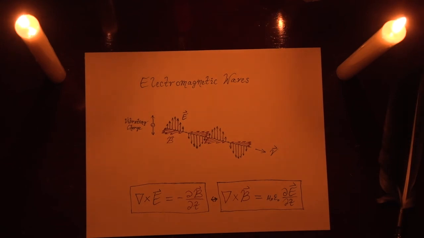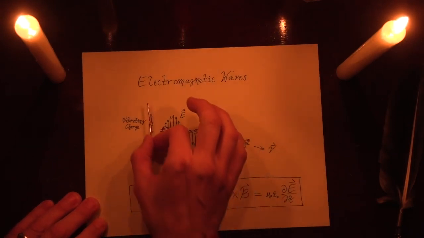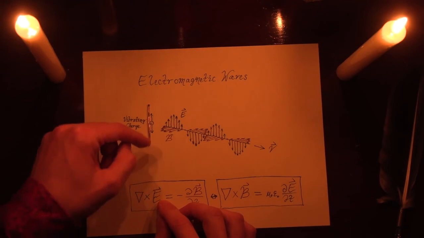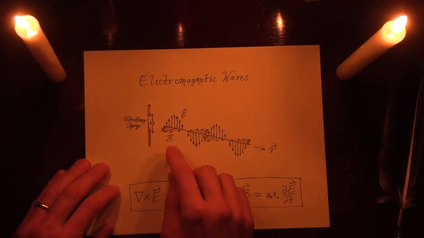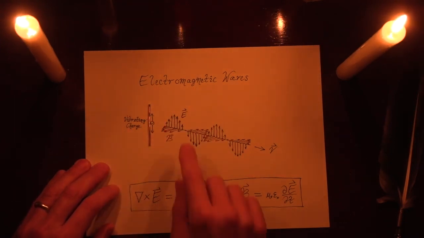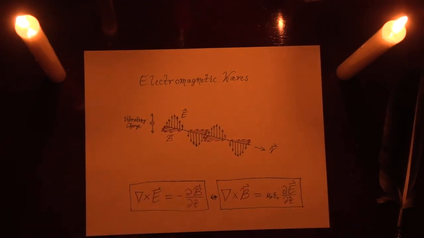But it wasn't long before people realized that you could make a wave like this if you just took a wire and you vibrated the electrons in that wire, because there would be an electric field that wiggled and a magnetic field that wiggled as the current was oscillating. It would create these waves of electric and magnetic fields.